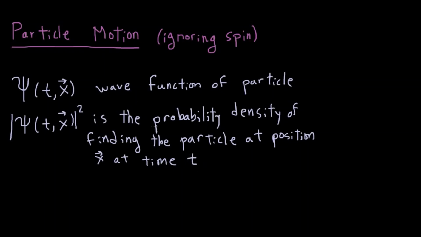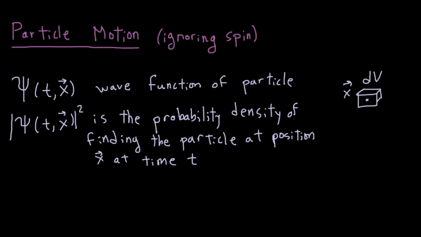Okay, so probability density. What is a probability density? Well, let's say you have some position x and you have an infinitesimal cube around it with some infinitesimal volume, let's call it dV.